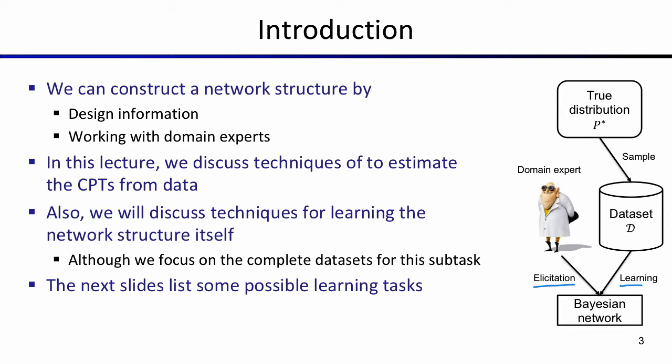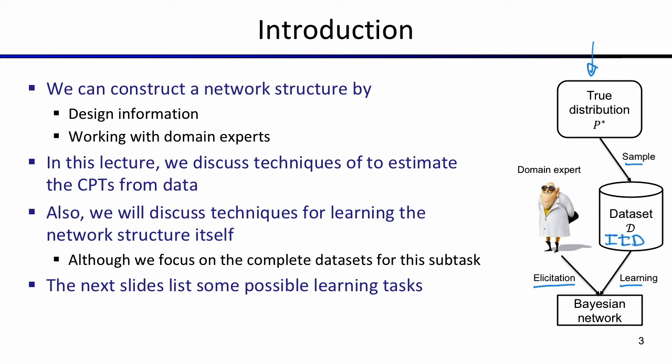In the case that we are using learning, the approach is that we have what we call a true distribution, this P star, that we don't know, but we want to model that distribution using the Bayesian network. What we have is a sample, right? A set of examples, cases, instances. We have several different names for that, and they compose a data set D. This data set, we say that it is IID, right?